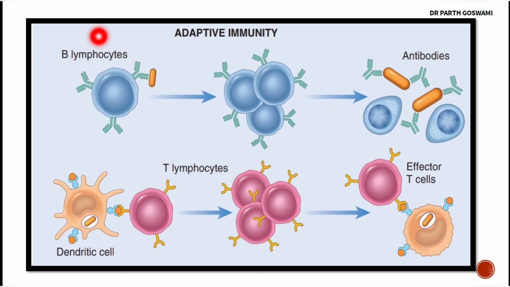The B lymphocyte gets converted into plasma cells, which produce antibodies whenever needed in our body. So antibody production is because of the B cell, while the T cell gets activated by the action of dendritic cells, and later the activated T lymphocyte can do its function, which we will see in another lecture, along with the complex mechanisms happening in our body after T lymphocyte activation.